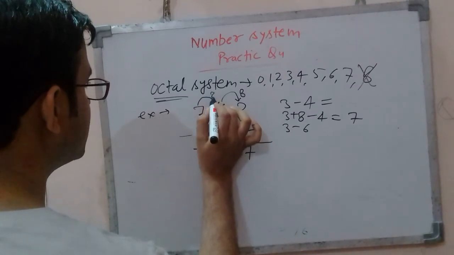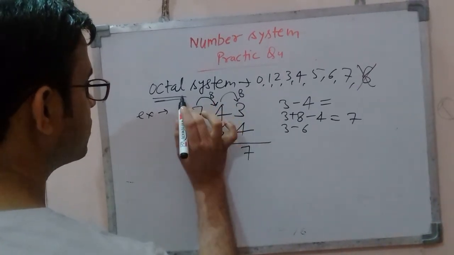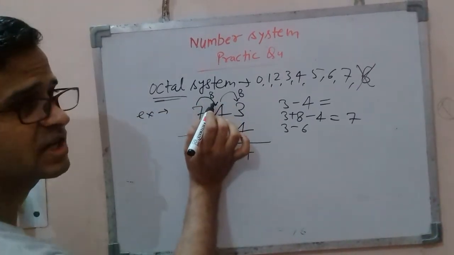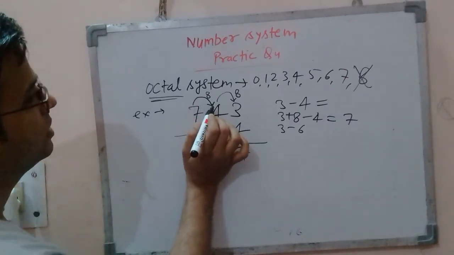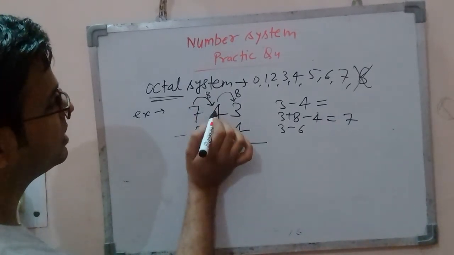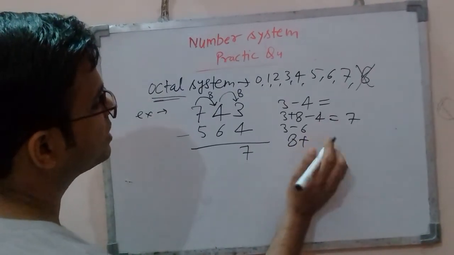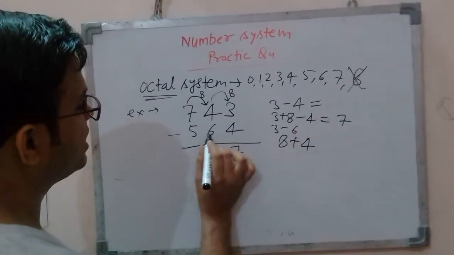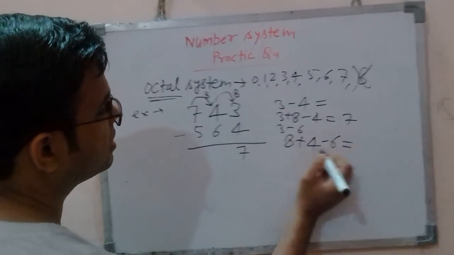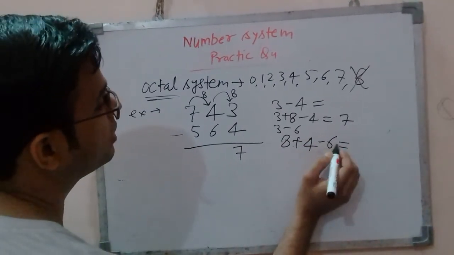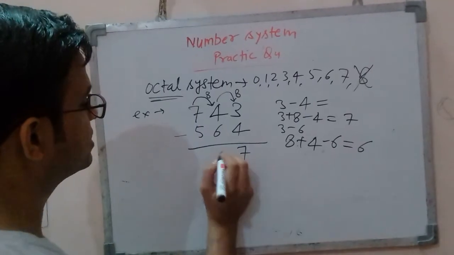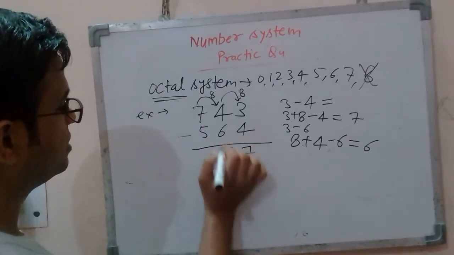And how much will you borrow? 8, which is the base of this octal system. The base is taken as the borrow, right? So 8 plus 4, 12, minus 6, remaining 6.